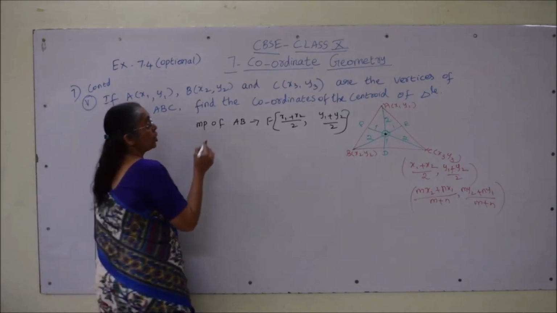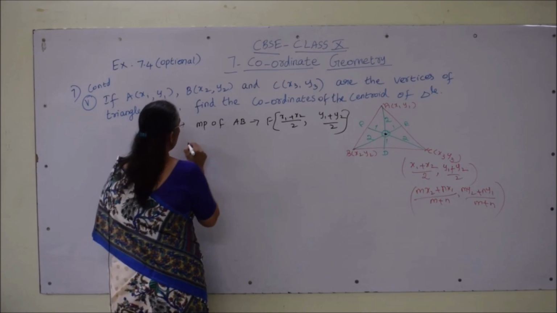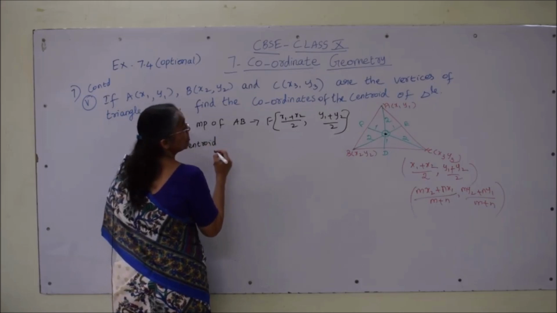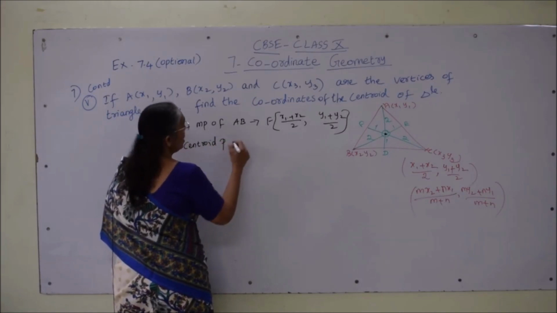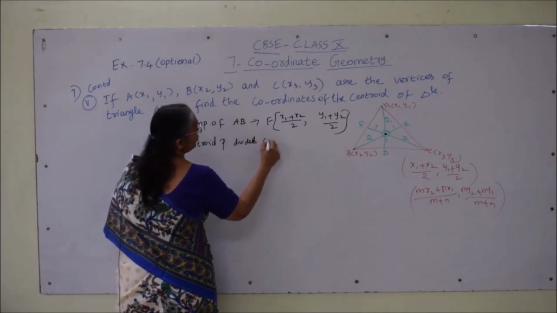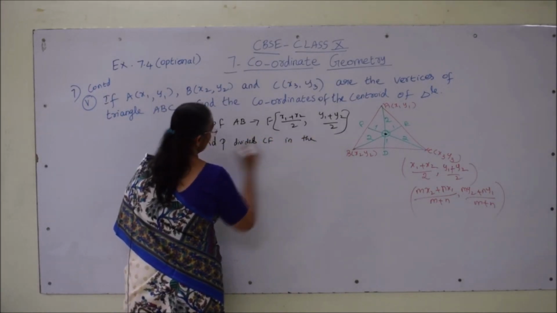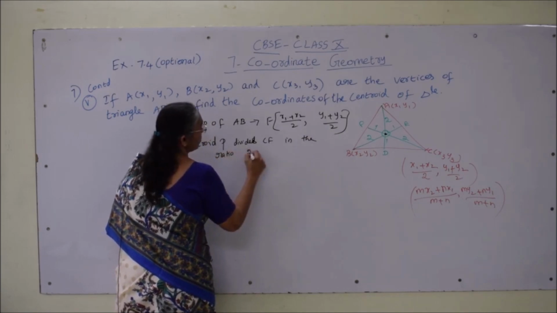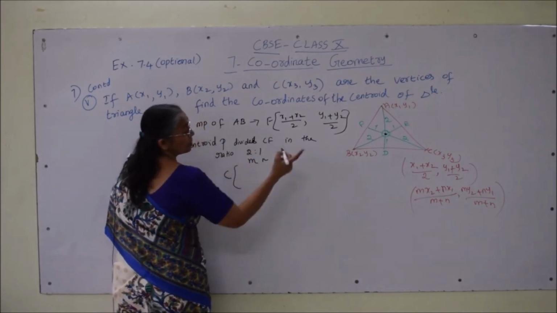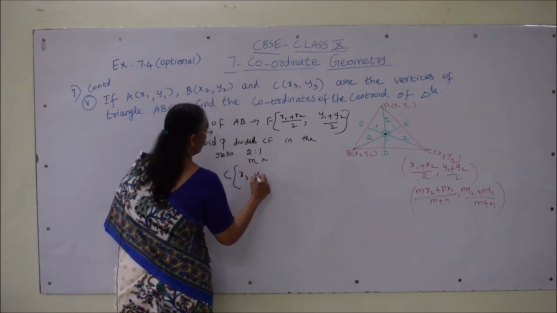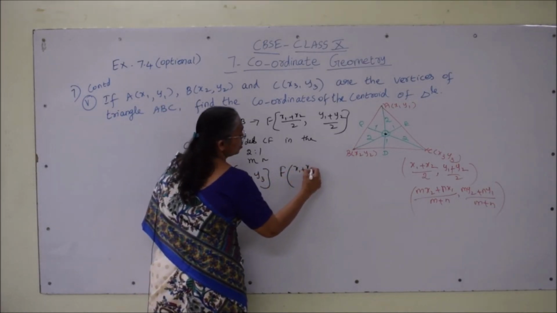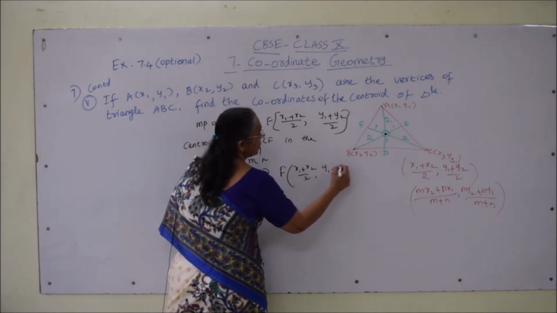Now the centroid divides the line CF. Let me mark the centroid as P. P divides CF in the ratio 2:1. So we have the ratio m:n, and the C point is (x3, y3) and F is (x1 plus x2 by 2, y1 plus y2 by 2).